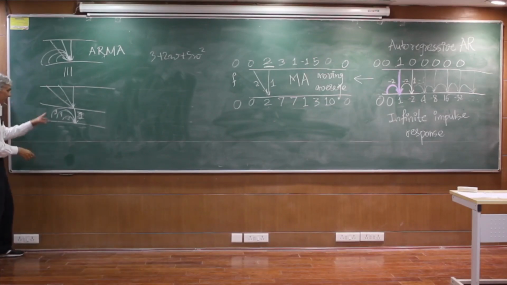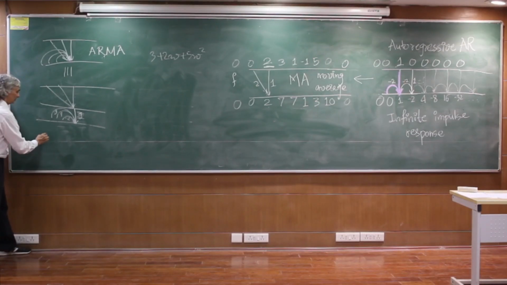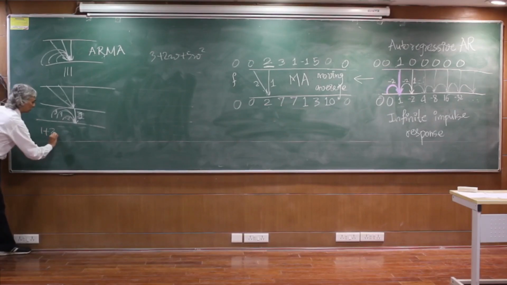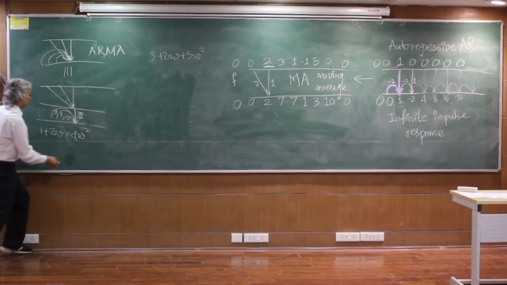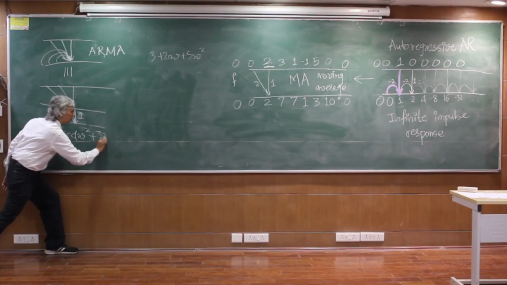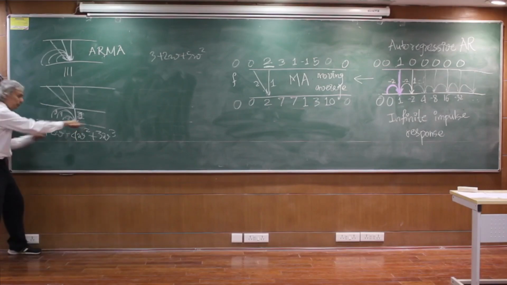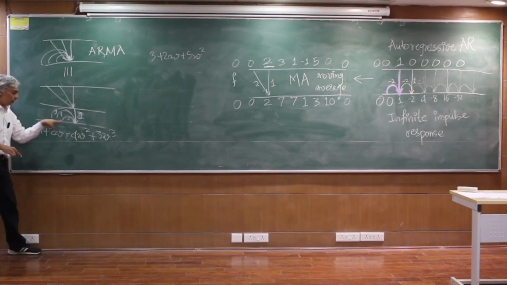And so the inverse has the representation 1 plus 2W minus 4W square plus 3W cube, and the reciprocal of this is the W representation of this autoregressive filter, correct?